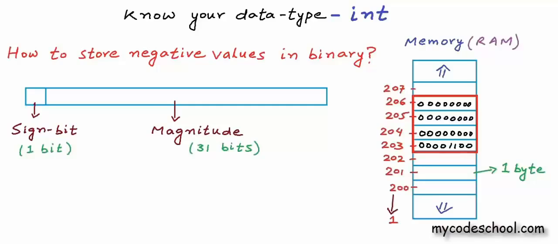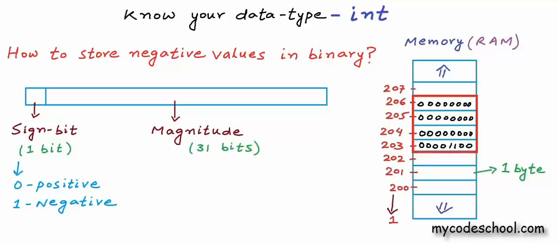We can use the leftmost bit or the most significant bit as the sign bit to store the information whether it's a positive number or a negative number. It can be something like: if the most significant bit is 0, it's a positive number, else if it's 1, it's a negative number. And we can use the rest of the 31 bits to store the magnitude or absolute value.